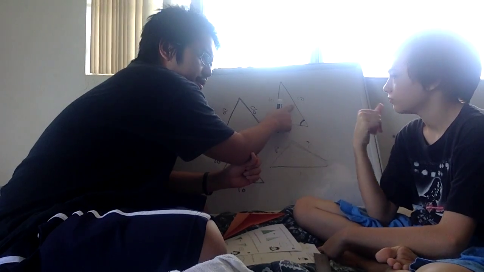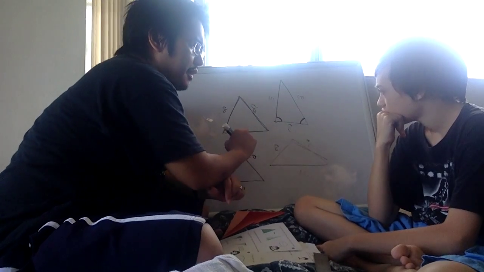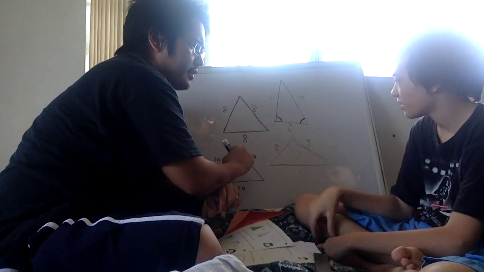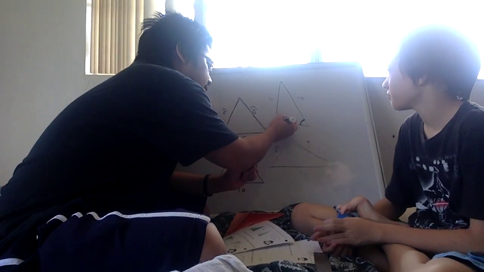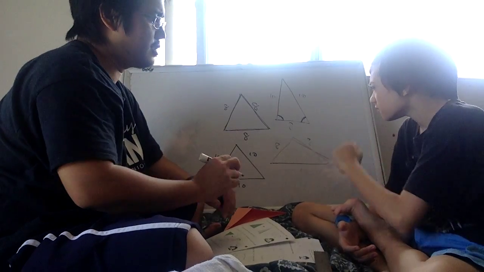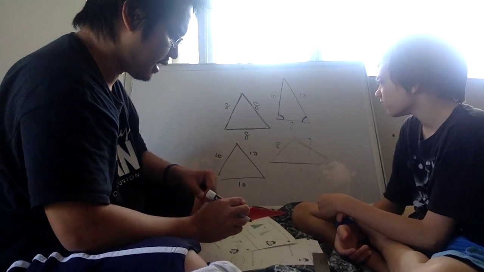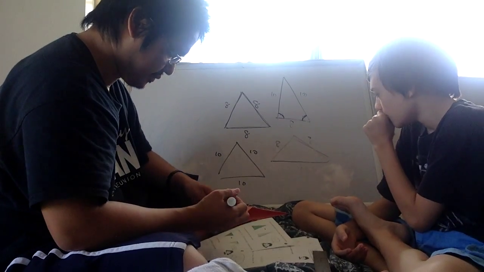So these 2 angles right here, what can you say about them? They're both the same. So usually we put a little dash right here and an identical dash right there, just to say this angle is the same as that angle. Does that make sense?